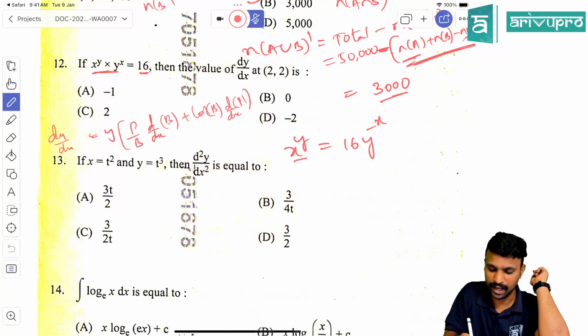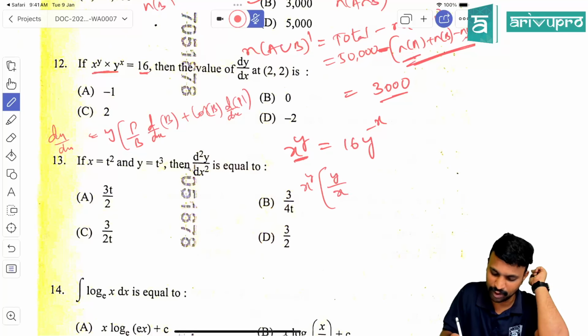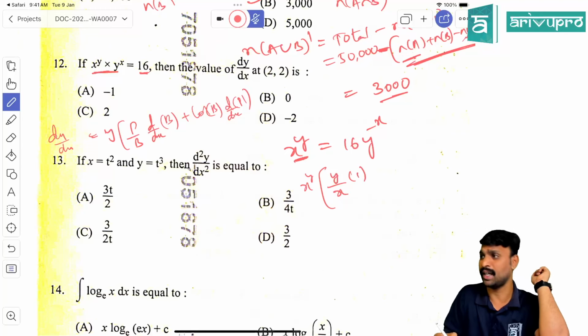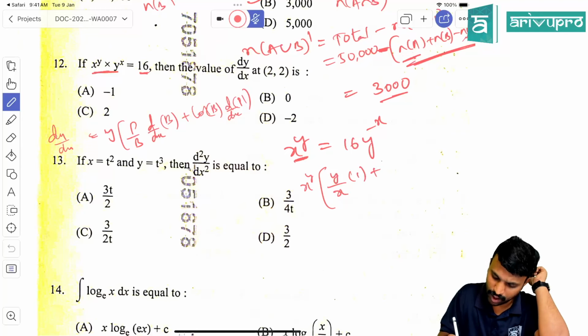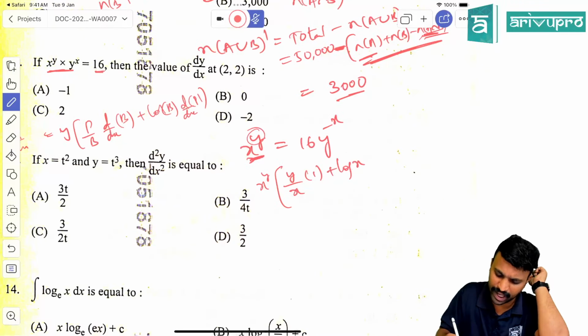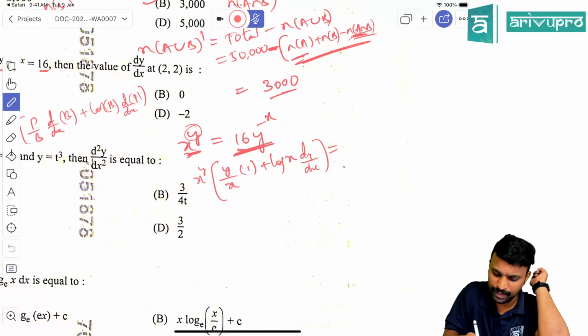Apply that. See here, y is nothing but x power y only, power by base, y by x, into d by dx of the base. Base is x, derivative of x is 1, plus log of base. What is the base here? X, into d by dx of the power. Derivative of y is dy by dx, and that is equal to here y will be nothing but 16 into y power minus x only.